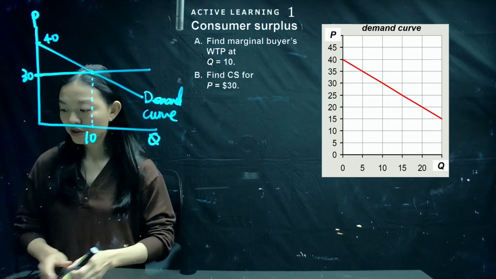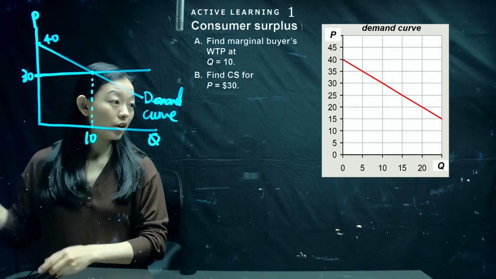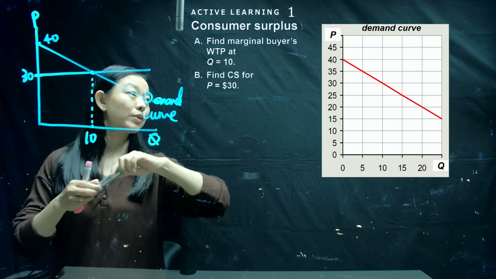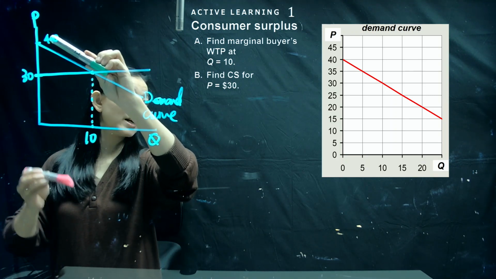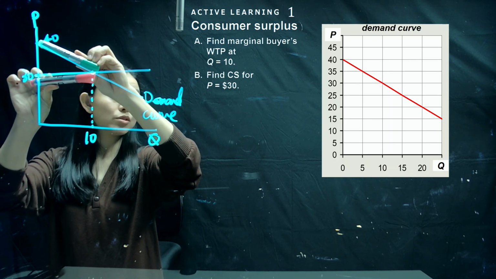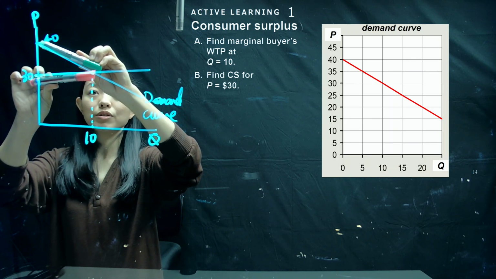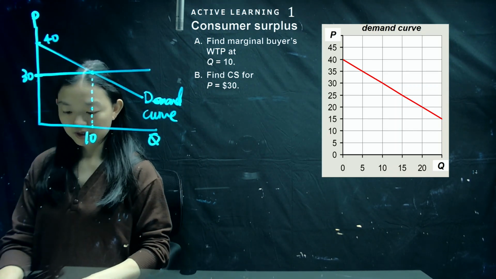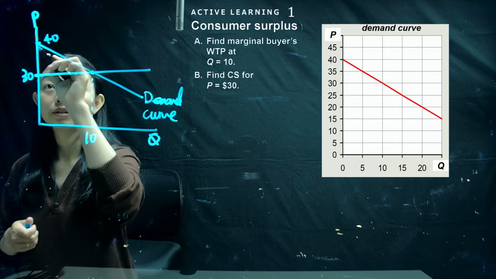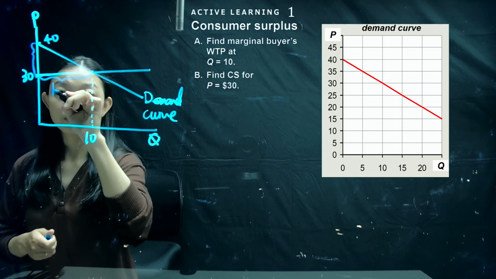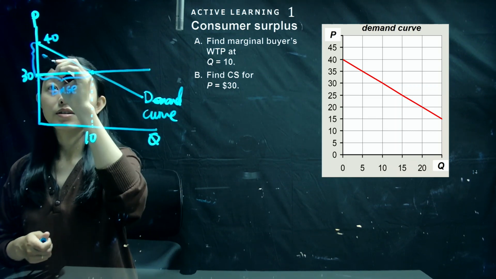And which area measures the consumer surplus? As we talked about, consumer surplus should be the area below the demand curve, right? And above the market price. So it should be this triangle here, okay? So how to compute this triangle? First, you need to get a height, and then you get a base. I can treat this one as the base, and this is the height.